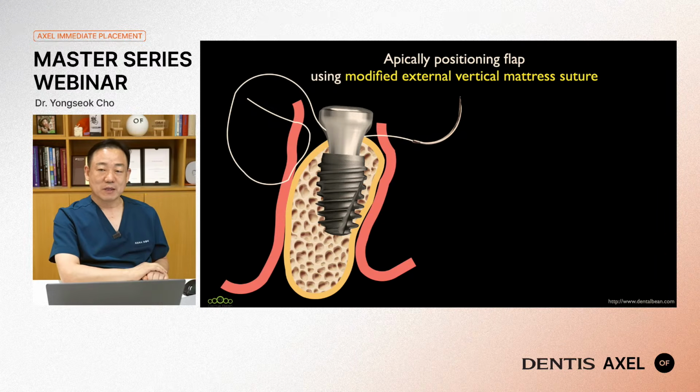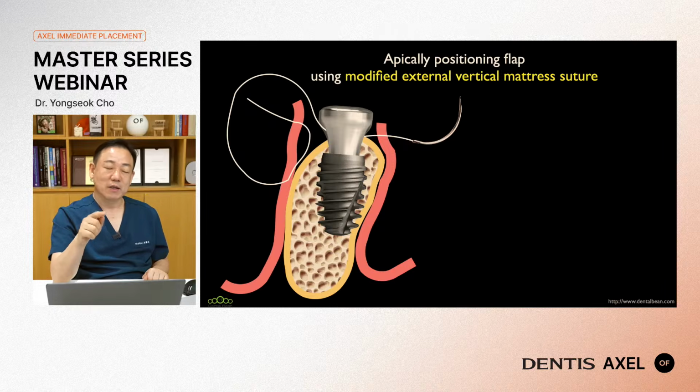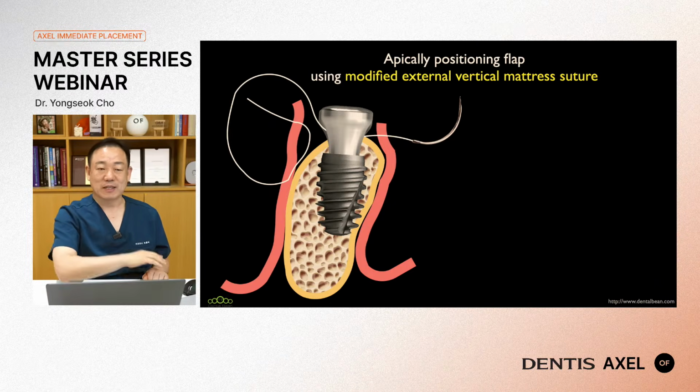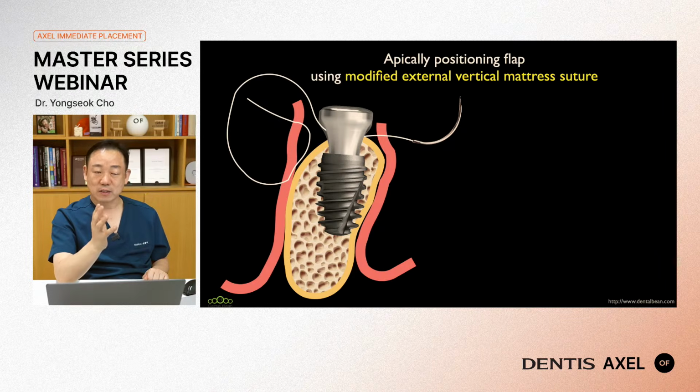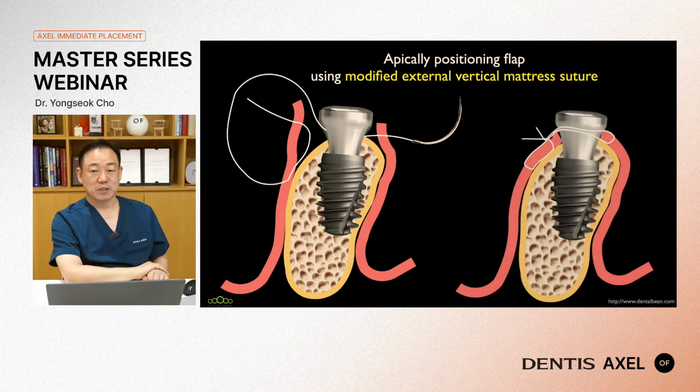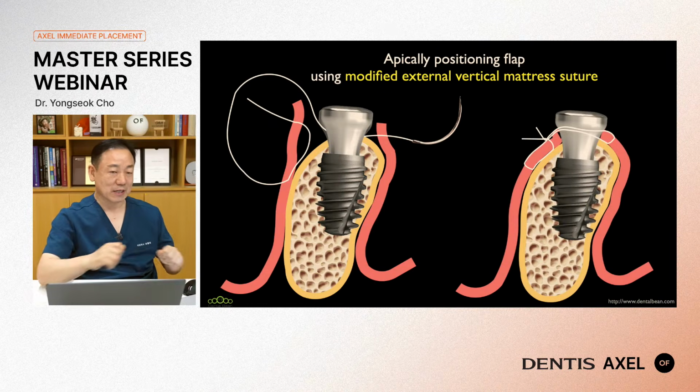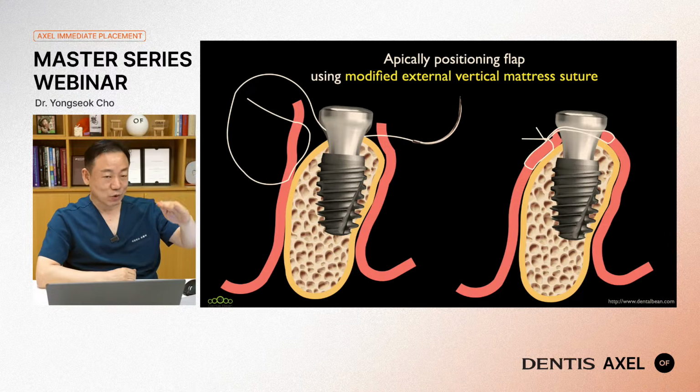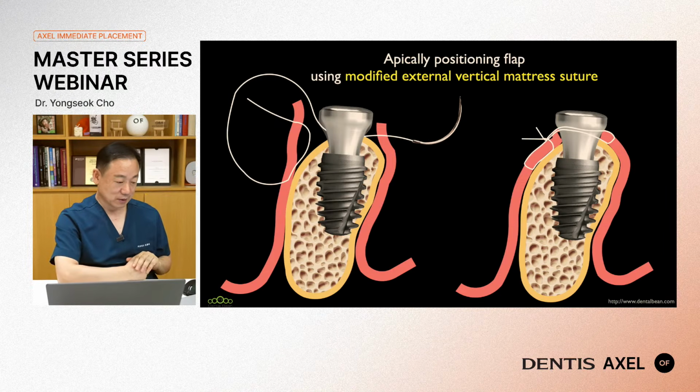The original external vertical mattress suture means we must pass the lingual flap same as the buccal side, but there is no need in implant surgery, so it is a modified external vertical mattress suture. Then when you make a knot, the buccal flap will move downward and be apically positioned.